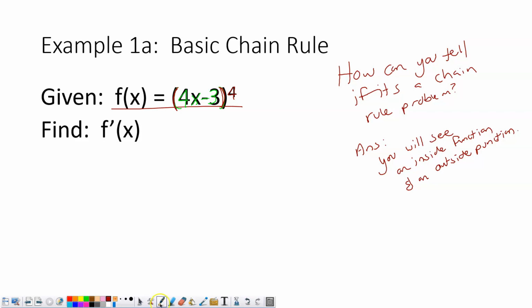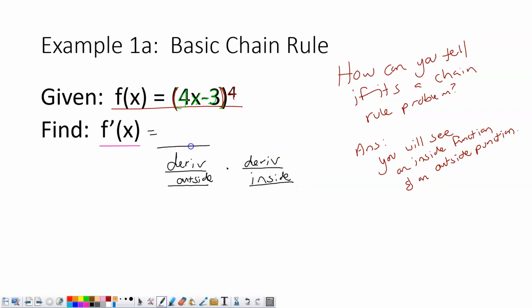Okay? Now, as you guys know, when you're trying to find the derivative of a composite function, which is what this is, what we do is we do the derivative of the outside first, and we multiply that by the derivative of the inside.